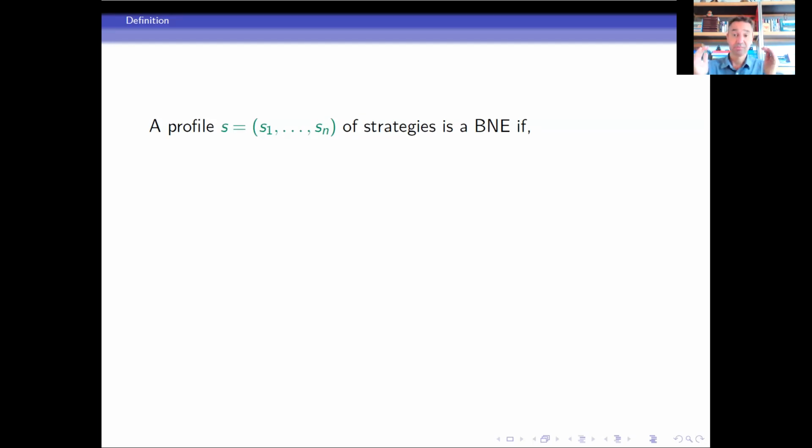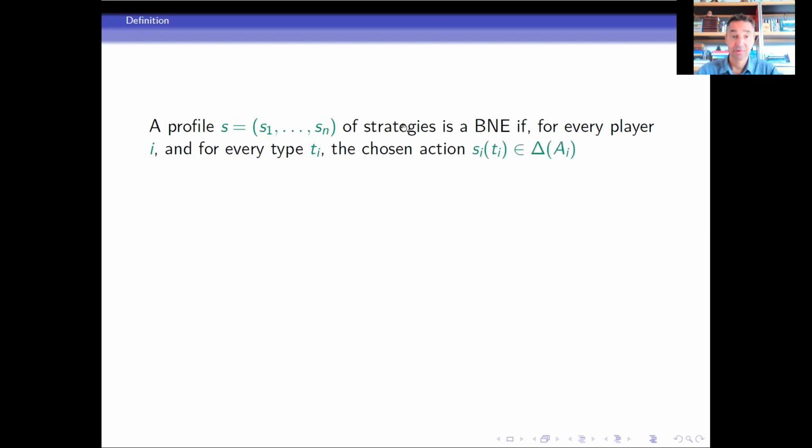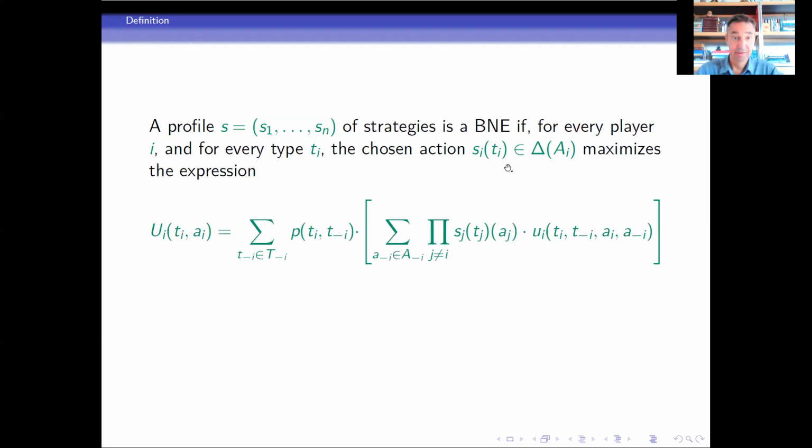A Bayesian Nash equilibrium is a profile of strategies with a certain specific property, namely that for every player i and for every type of that player, given the strategies of the other ones, the chosen action maximizes your expected payoff, and that expected payoff is stated over here.